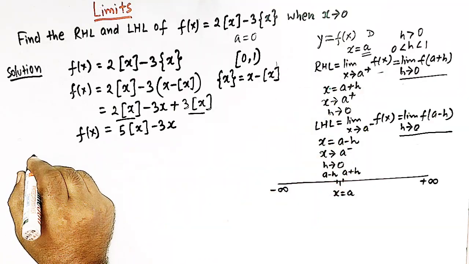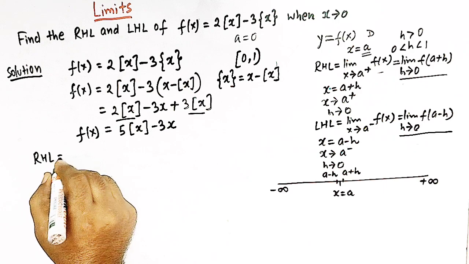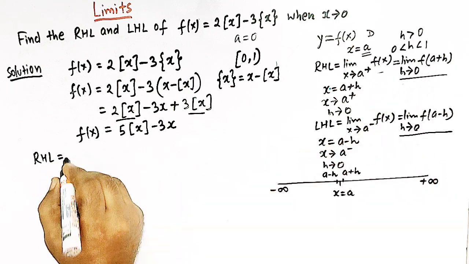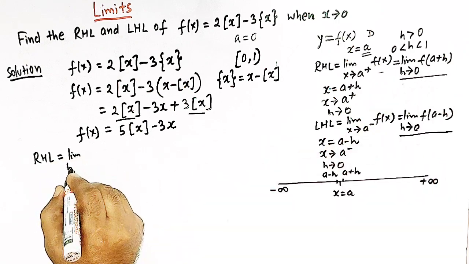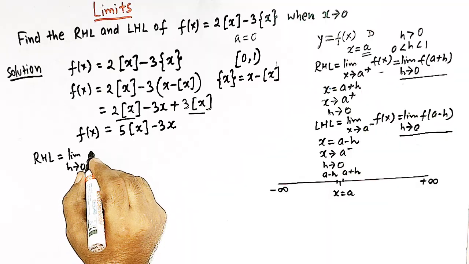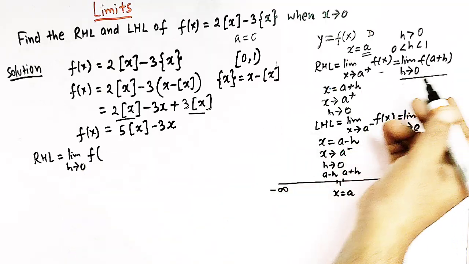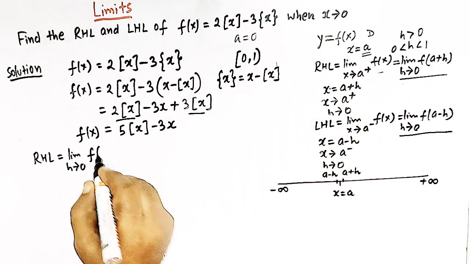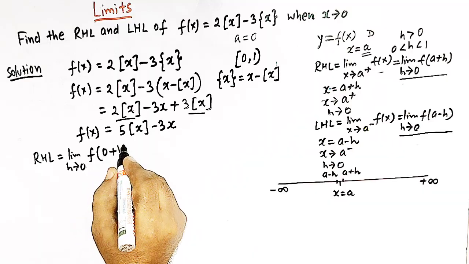So now for the right hand limit, we have this notation: limit h tends to 0, f of a plus h. So a is 0, so we have here 0 plus h.